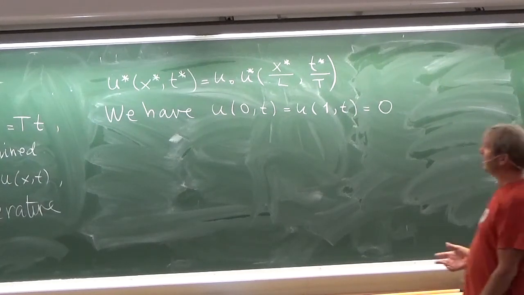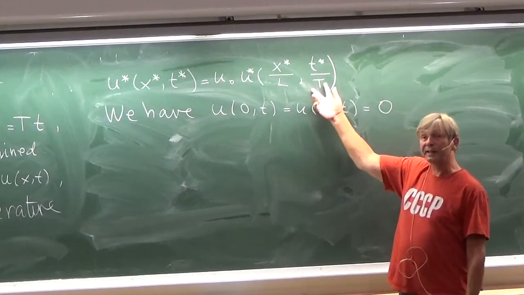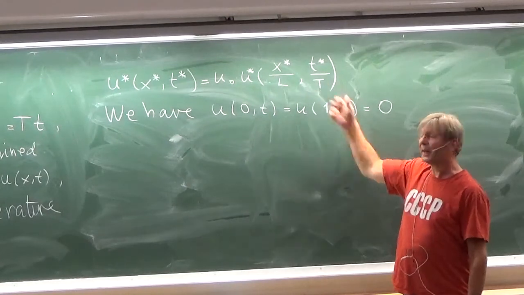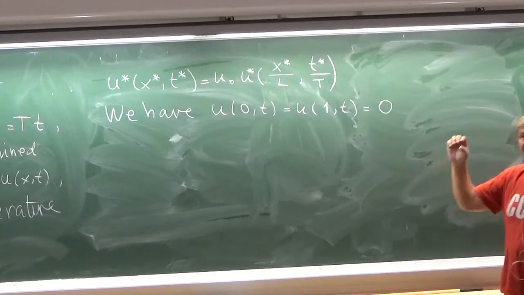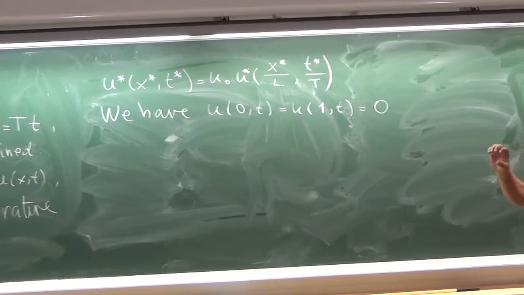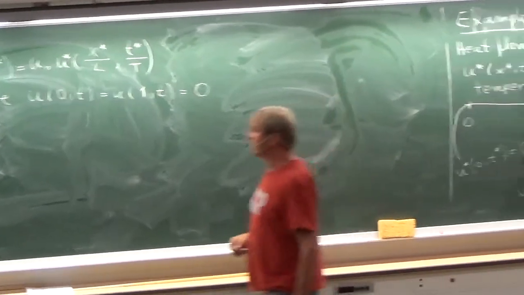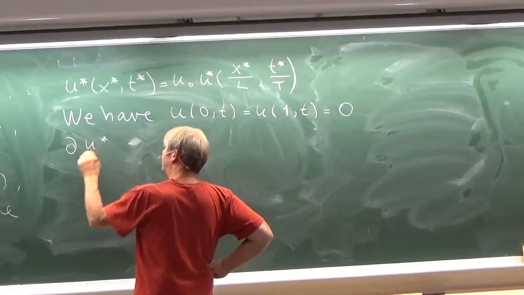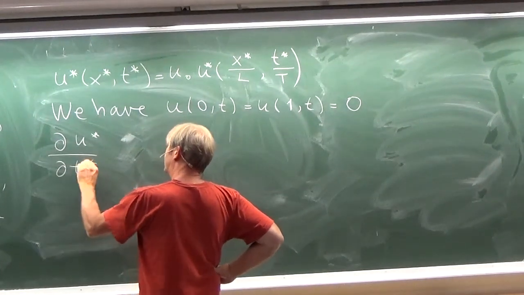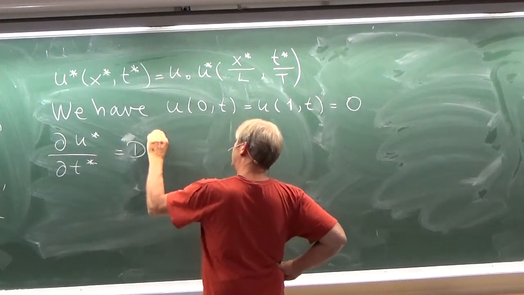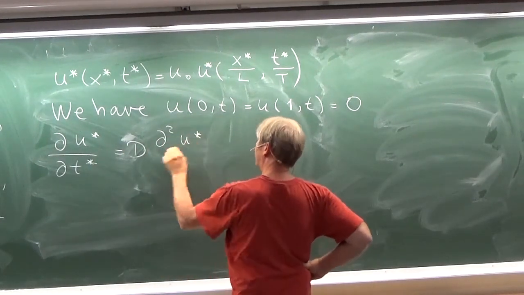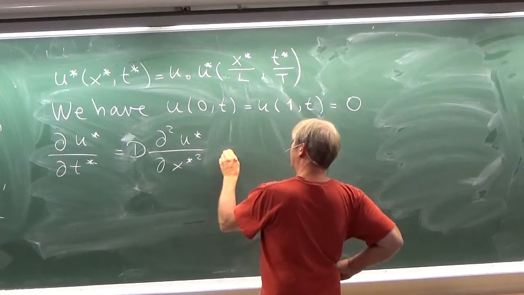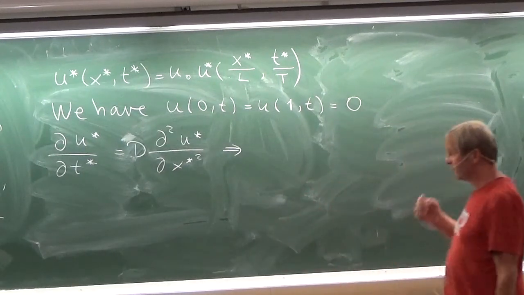Here we see that when I take the derivative with respect to t using t star and the chain rule, I get 1 divided by the time scale. So we have that du star dt star equals the second derivative of u star, and this translates into what?